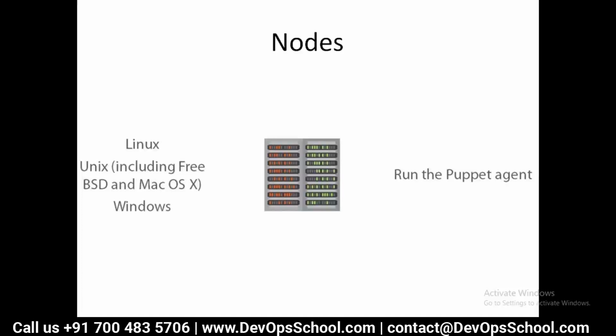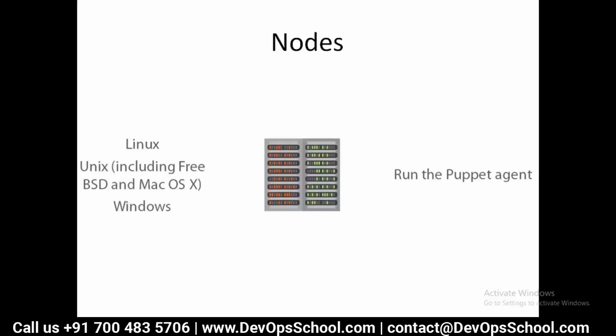You can install the Puppet nodes on Linux, Windows, Mac, and Unix flavors. So you can set up nodes on any operating system, and on each node one application runs, which is called the Puppet agent. Do you remember the Puppet agent which we tried yesterday as a developer? The same software we are going to install on the nodes also.